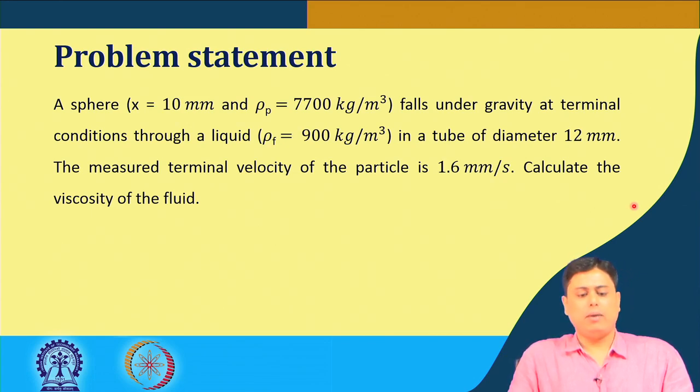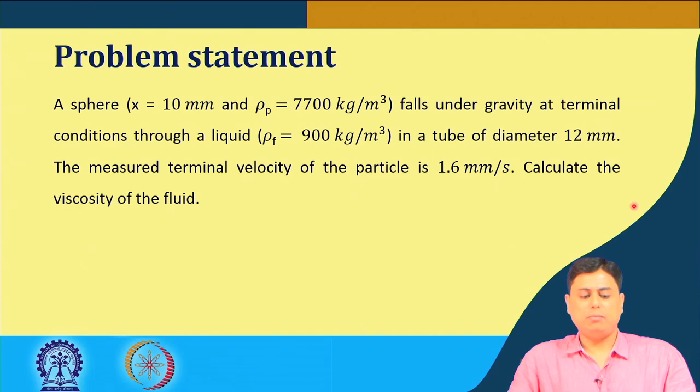Okay, but by looking at the magnitude of the particle or the object and the container, you can understand that it is not basically an infinite extent of fluid or liquid here. So the spherical object diameter is given, the density is also given, it falls in a liquid which has a rho of 900 kg per meter cube.